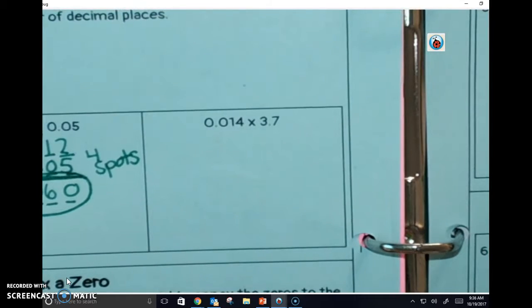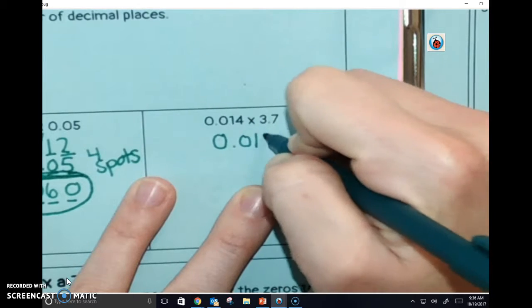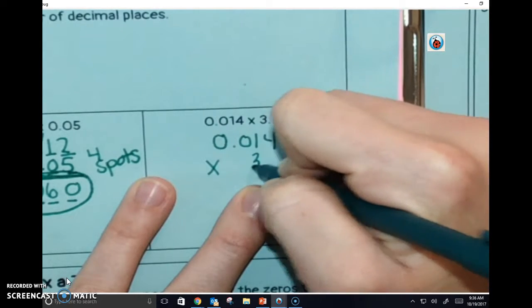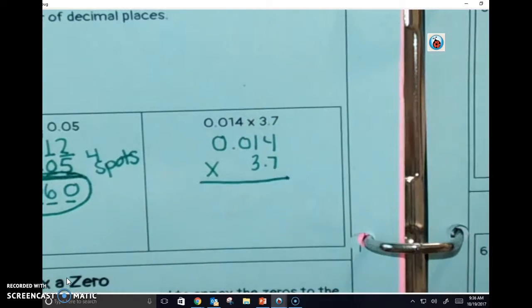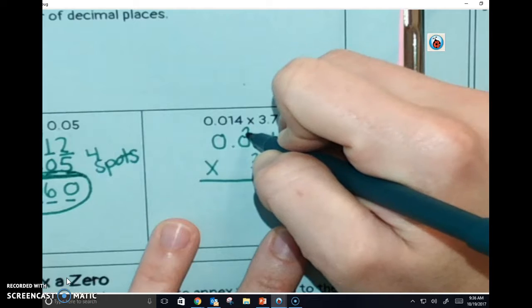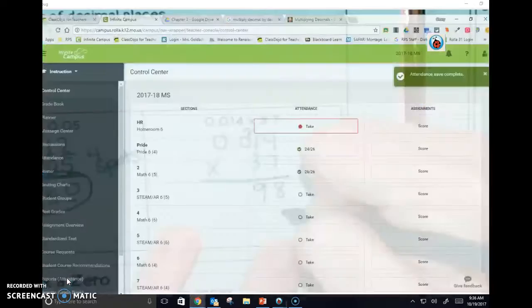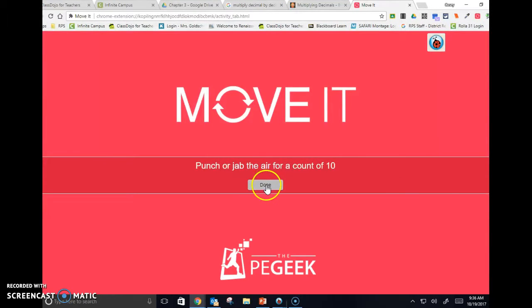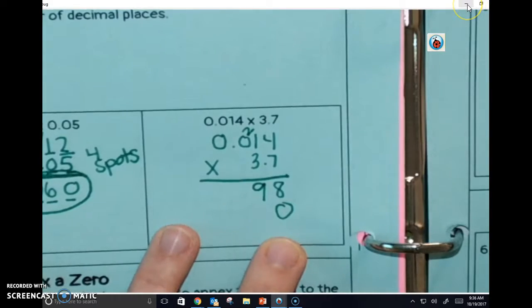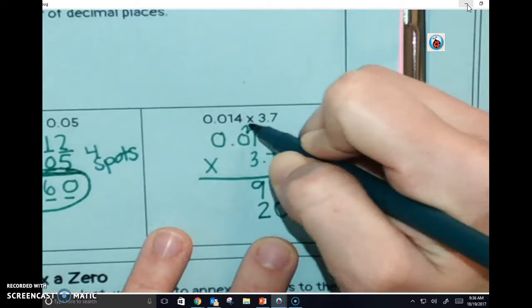Okay, which number do you want to put on top on this problem? Allie? 0.14. Okay. So it's basically just like we're doing 14 times 37, right? So we have 4 times 7 is 28. And 7 plus 2 is? 9. So I'm going to hold my place value to 0. And then 3 times 4 is? Carry my 1.